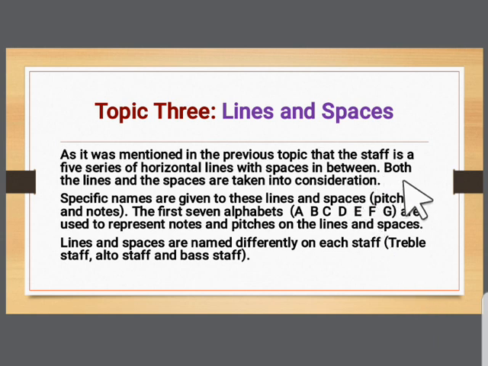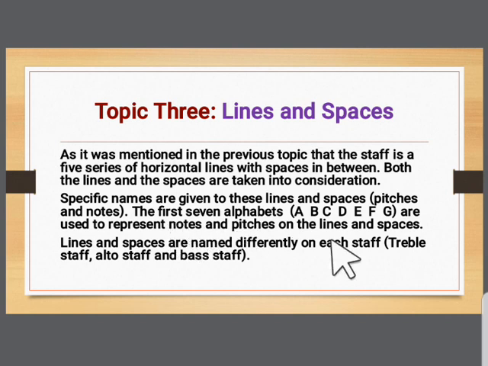And we get to understand that not only the 5 horizontal lines are taken into consideration, but both the lines and the spaces. And specific names are given to these lines and spaces.